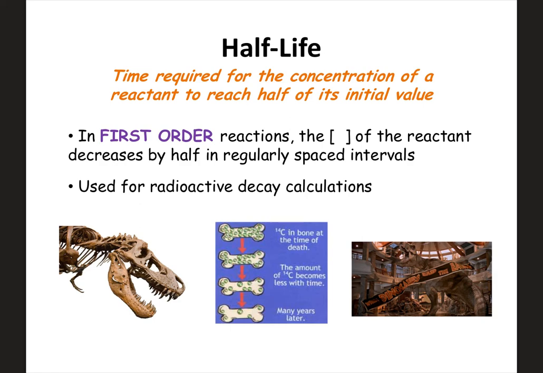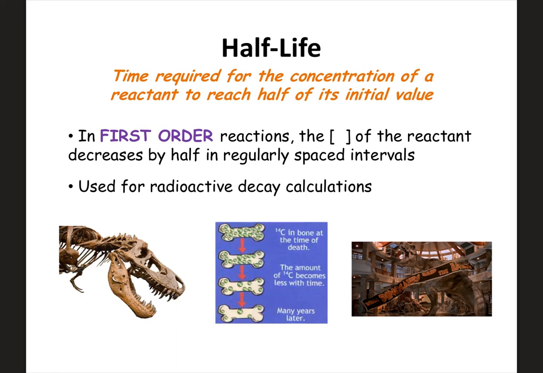That's very important here. You might have to answer questions about why you can determine the half-life for a particular reactant or reaction, and understanding that this works for first order reactions because the concentration decreases in half by these regularly spaced intervals.